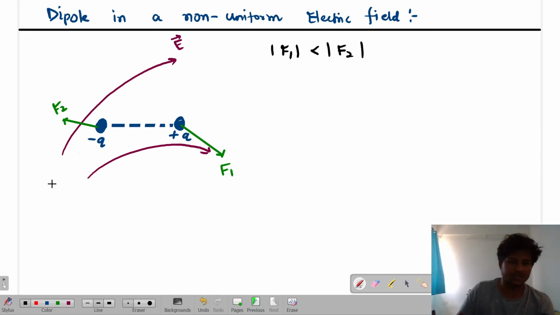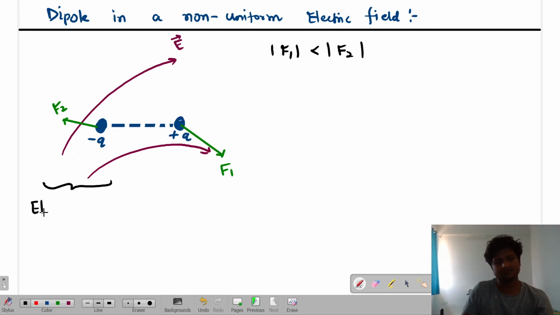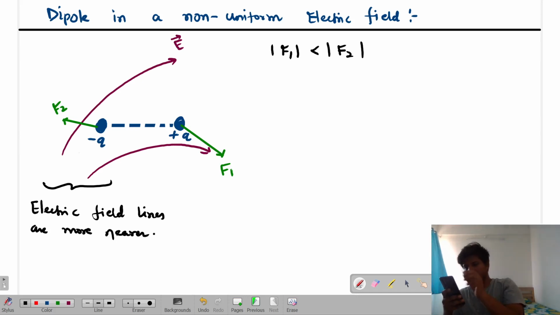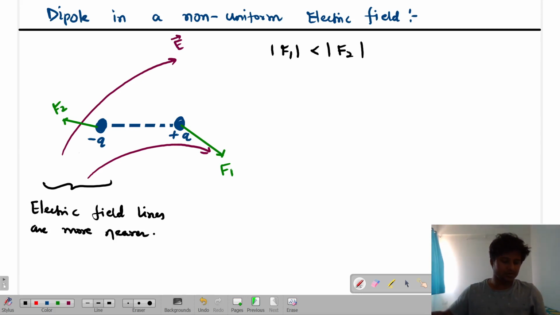Because here the electric field is converging. That's more nearer, isn't it? Are you able to get me? Okay. So now look over here.